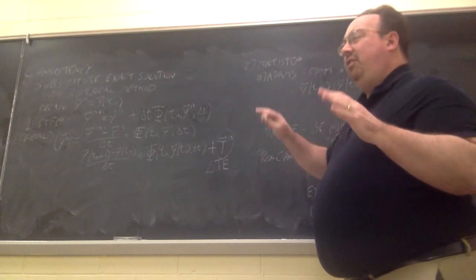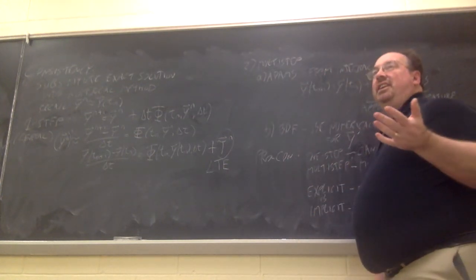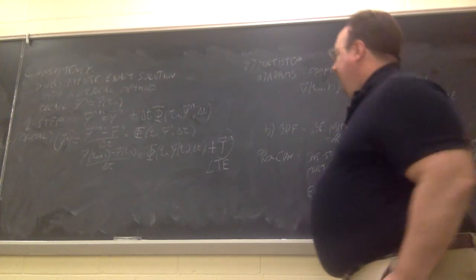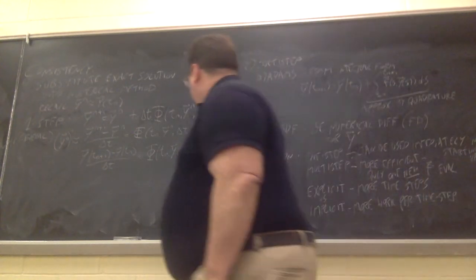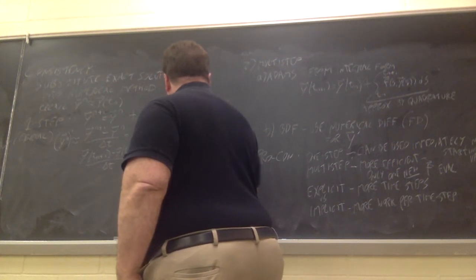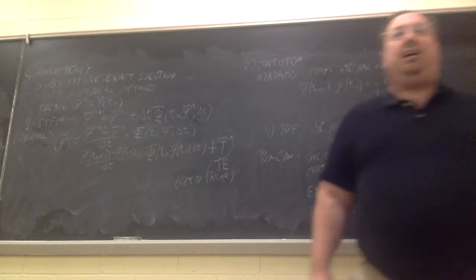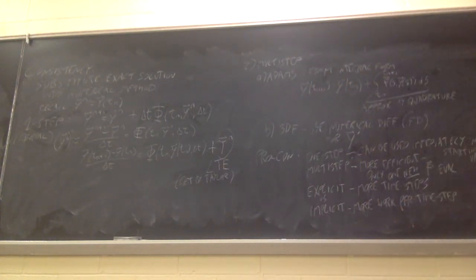So that is all the same here. You're just doing a Taylor expansion in t instead of x. So what you would get is something times delta t raised to a power. Whatever that power is, that's the order of accuracy.